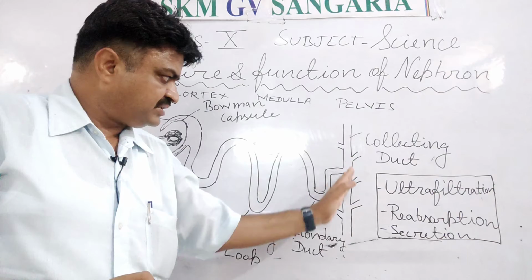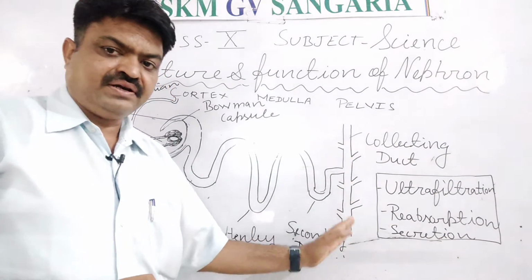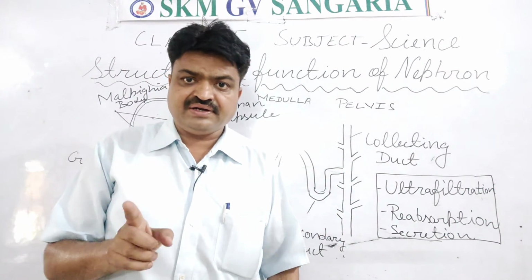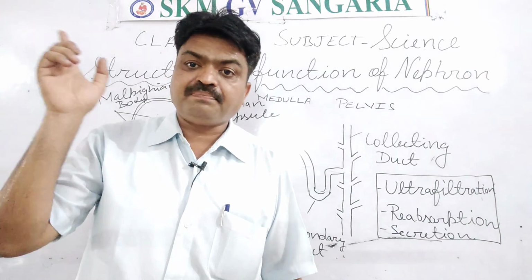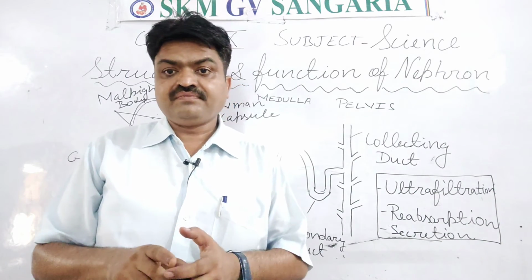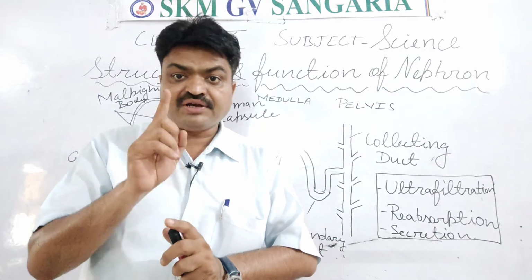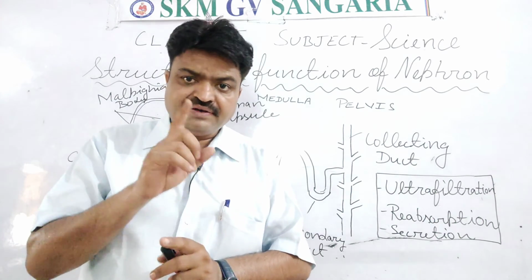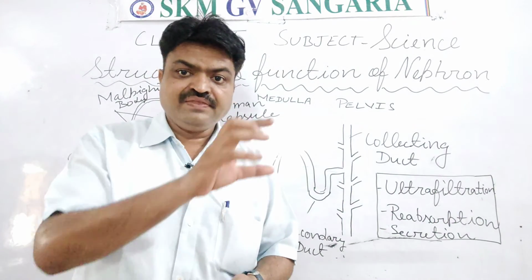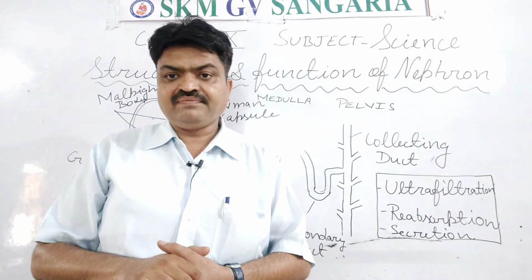So that is passed to the collecting duct, and from the collecting duct it is passed to the pelvis. Pelvis means the funnel-like body of the kidney, and that funnel-like body is connected to the ureter.